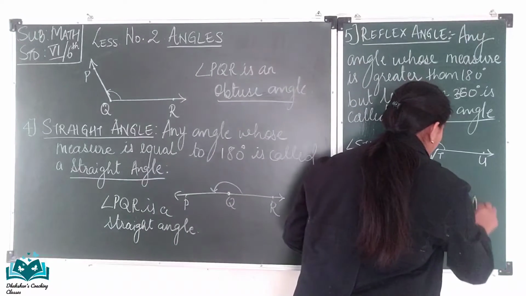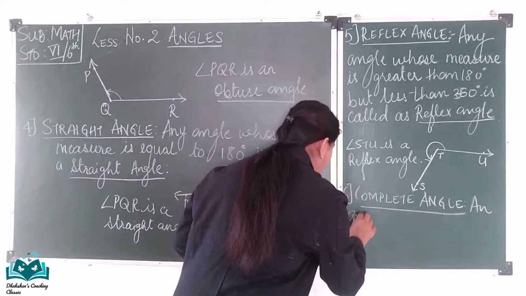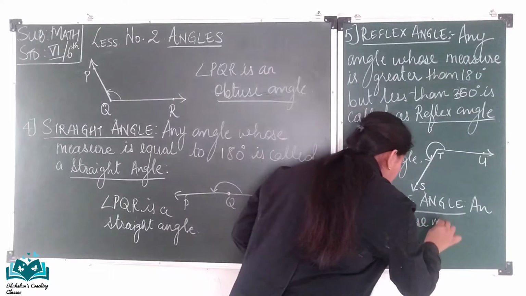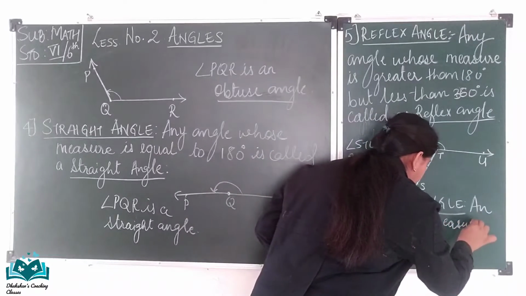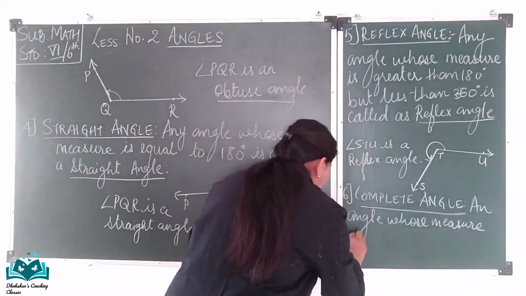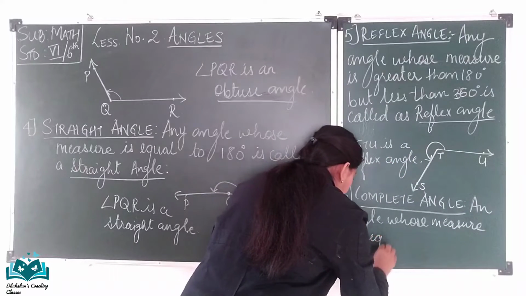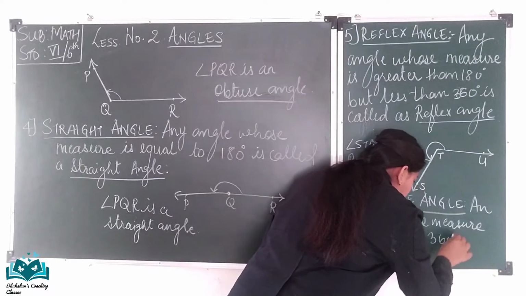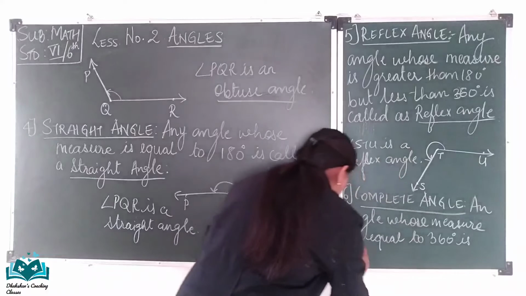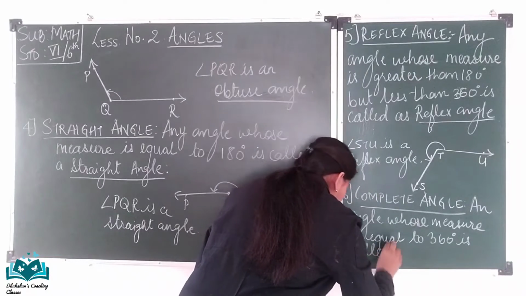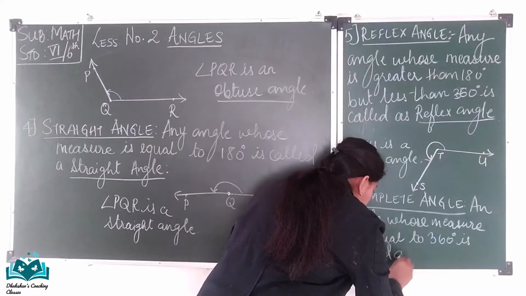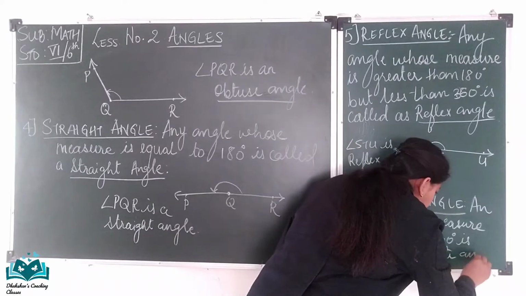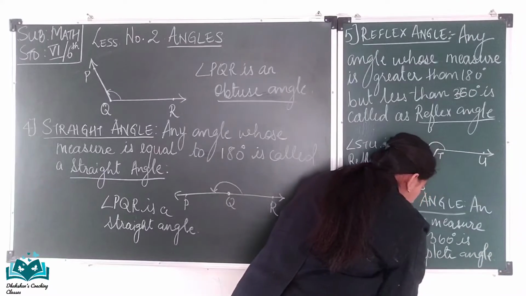So, an angle whose measure is equal to 360 degree is called a complete angle.